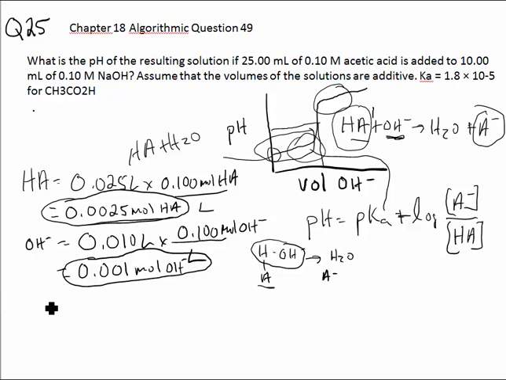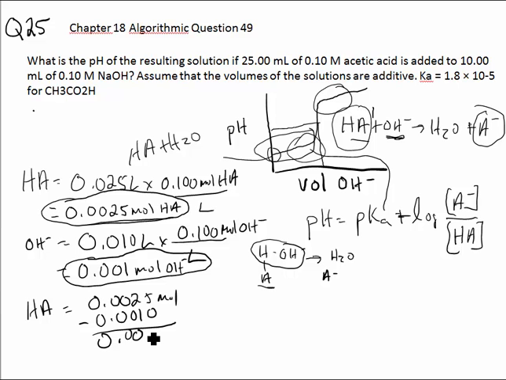To find out how much HA remains, we take 0.0025 moles and subtract from that 0.0010, and that leaves us with 0.0015 moles of HA remaining.